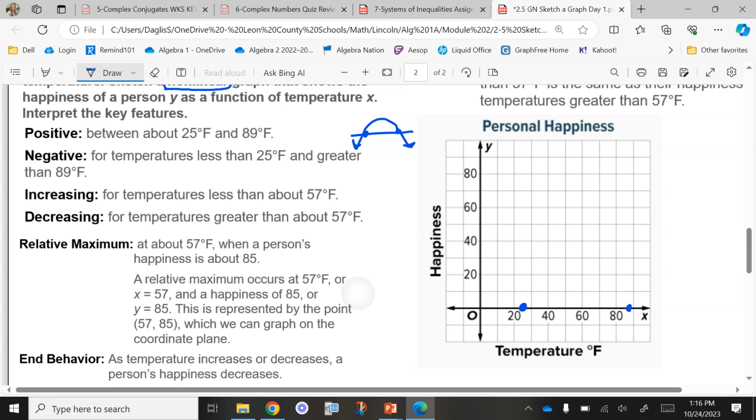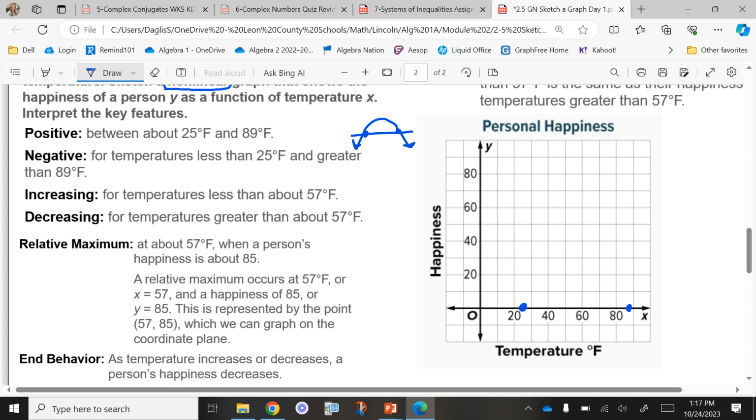Next says we are increasing for temperatures less than 57, and we're decreasing for temperatures greater than about 57. So what is that? 57 is going to be what? The maximum. It's going to be part of it. What part of my graph is it, Janiyah? What is 57? Symmetry. Yes, it's going to be the middle.